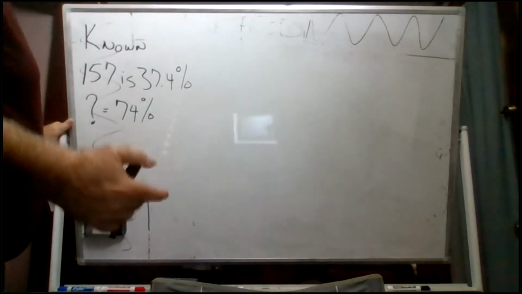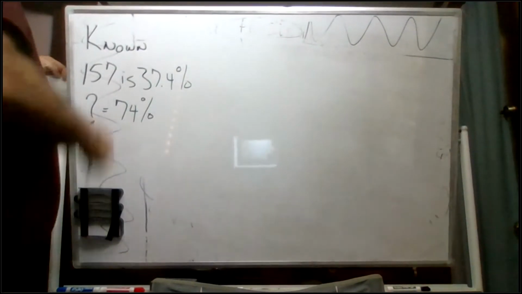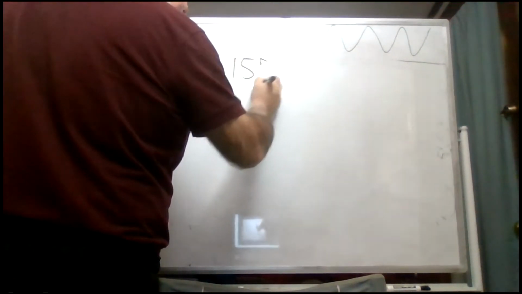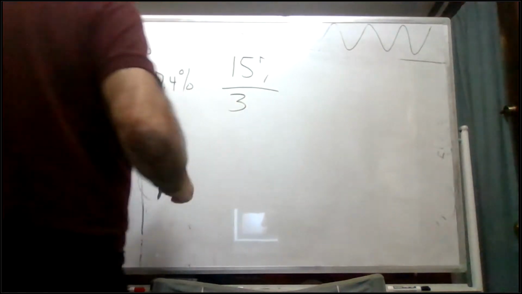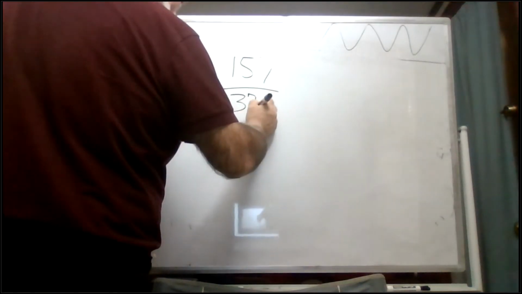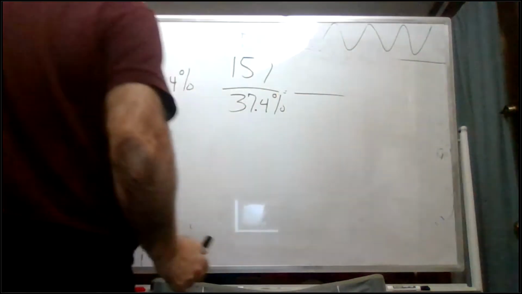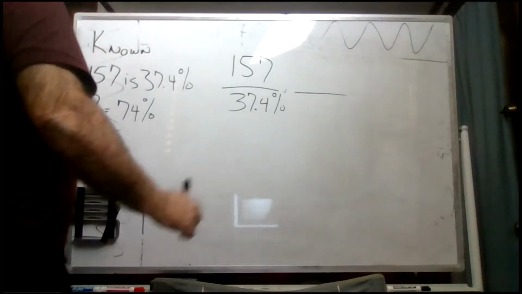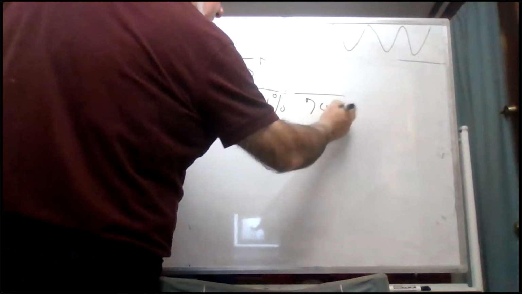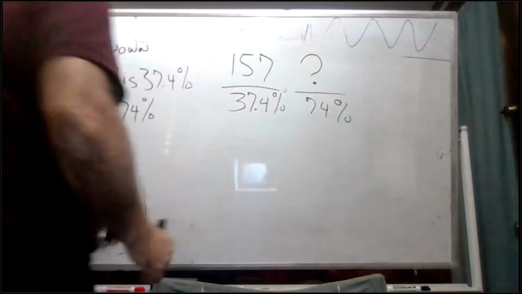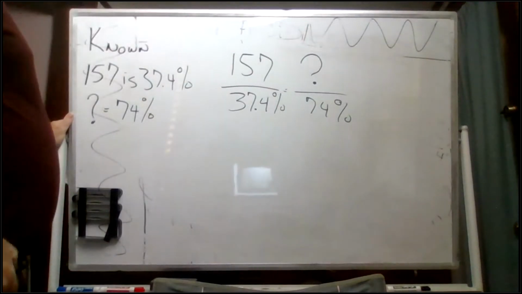Although we already did, because you don't have to use math to do this. A quick way to do this, if 157 is 37.4%, in proportion to that, or a ratio to that, what's 74%? And yeah, I know our math teachers used to like X, but I don't like X. I'll put a little question mark.